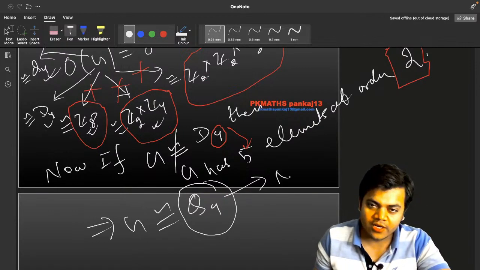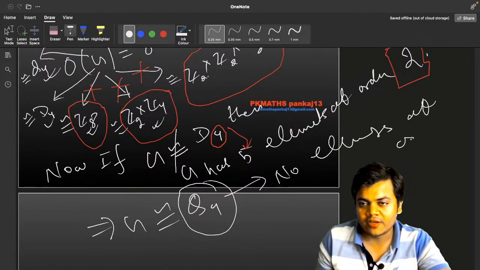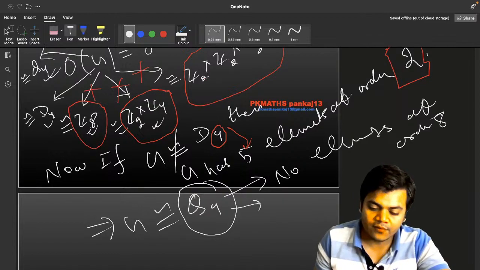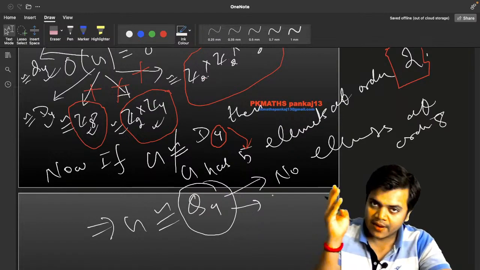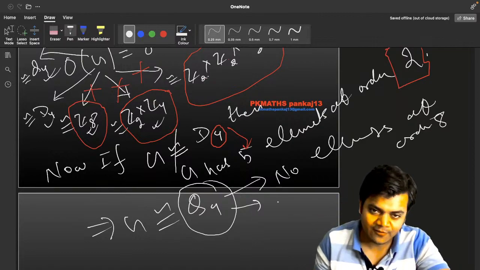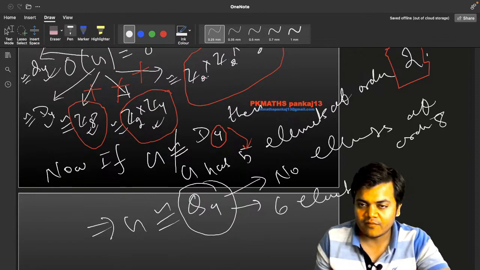So it has no elements of order 8. We know 6 elements of order 4: plus minus i, plus minus j, plus minus k. These 6 elements will have order 4.